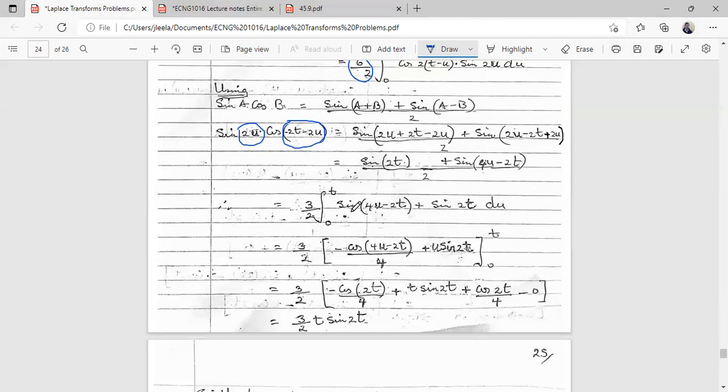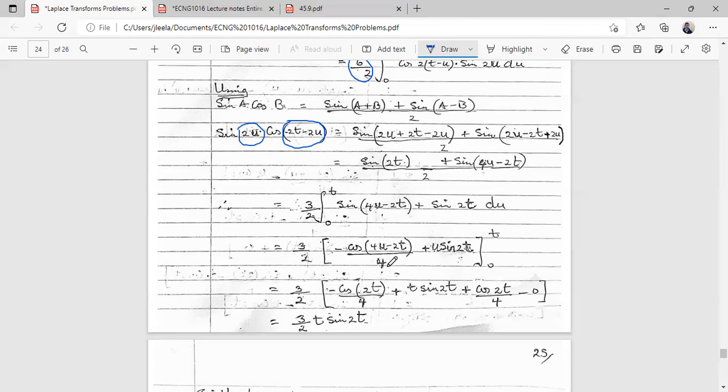So when you're integrating sine, what do you just get? You just get minus cos. So you get minus cos 4u minus 2t. And then you have to divide by the coefficient of the u here because you're integrating with respect to u, right?